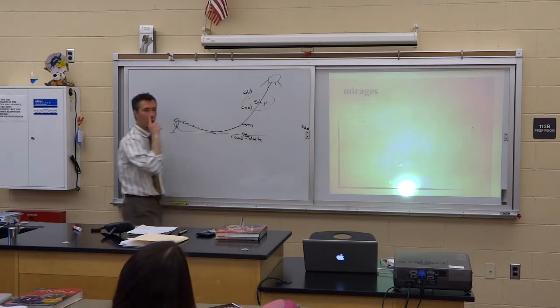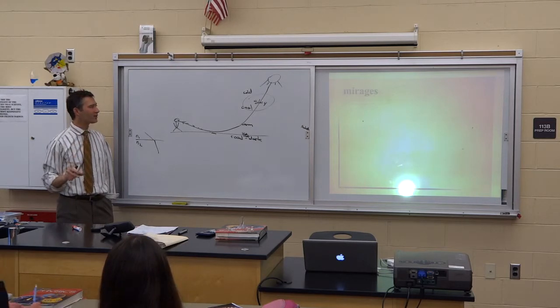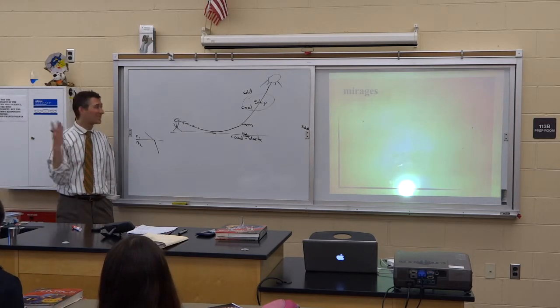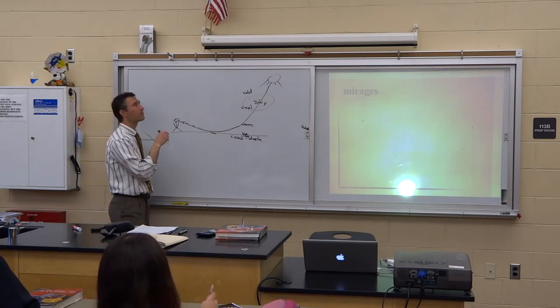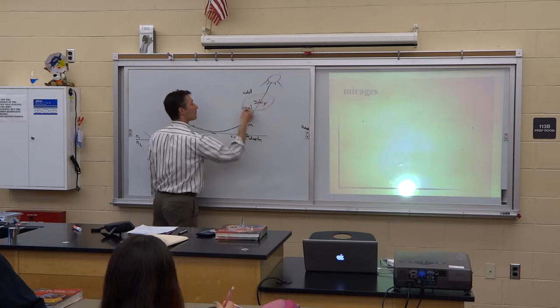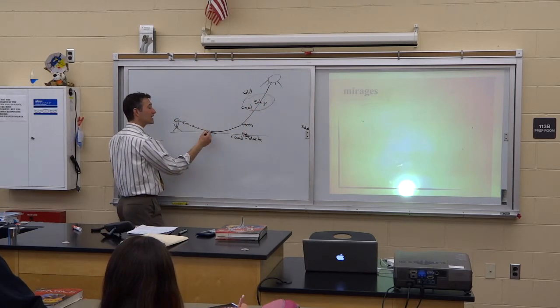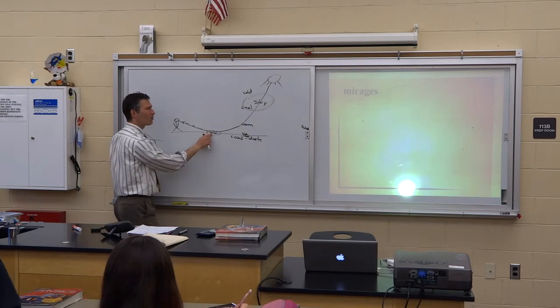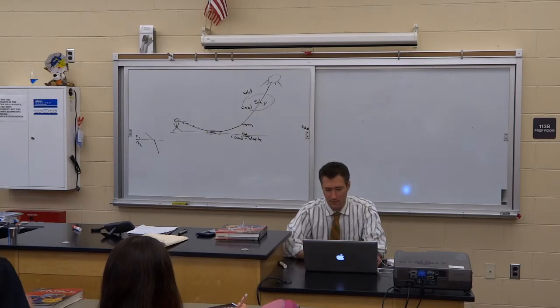I mean the sun, sure, but for a reason we'll talk about in a few classes from now, the sky actually scatters light, so we see light coming from the sky. So we're looking down here, we see sky at the road, but sky is kind of the same color as what? Water.